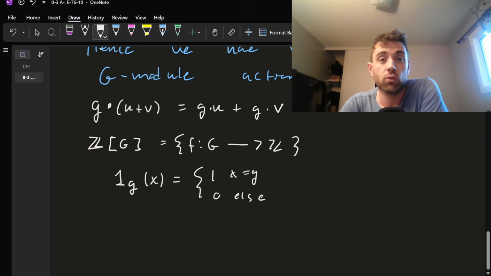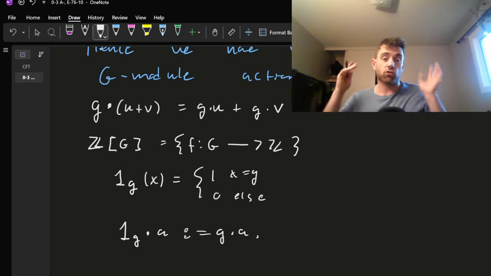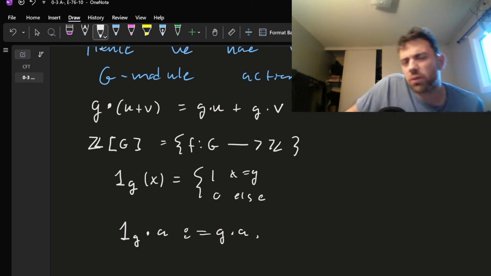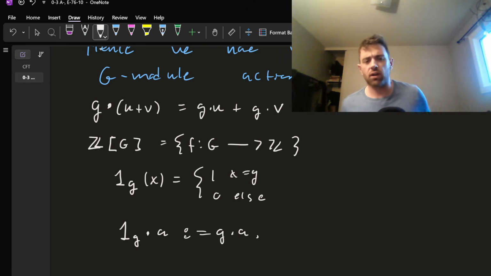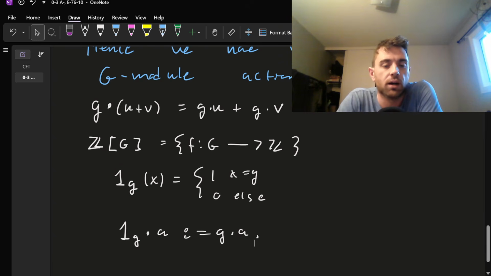Now for this ring, I can define the action of 1_g on some element of A to be this G action above, and then this extends to a well-defined action. Why would that matter? Well, this is going to be a very important concept further down the line when we start talking about cohomology. It gives us one possible perspective on this whole thing.